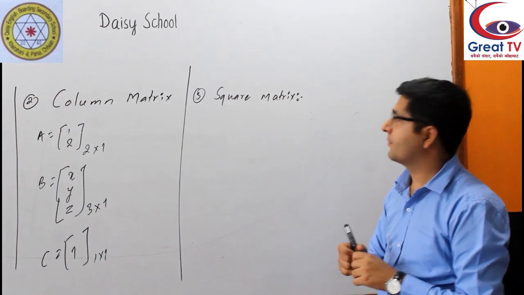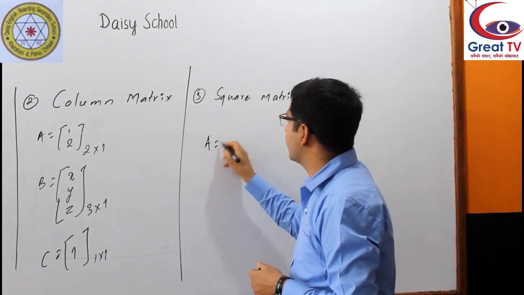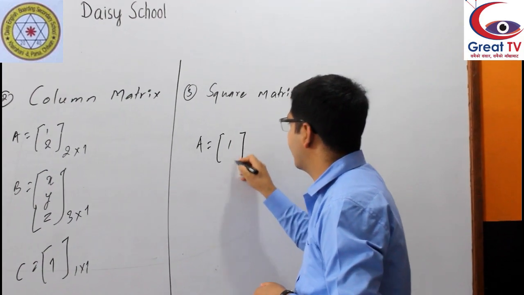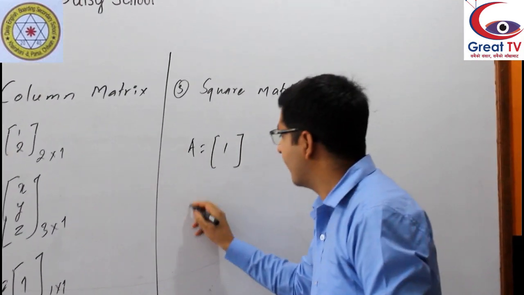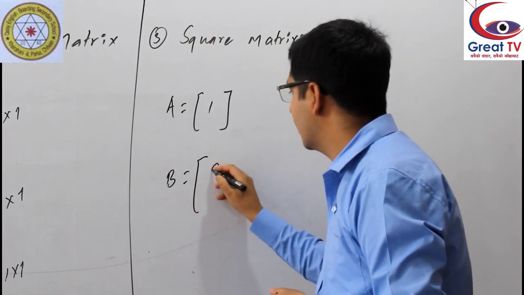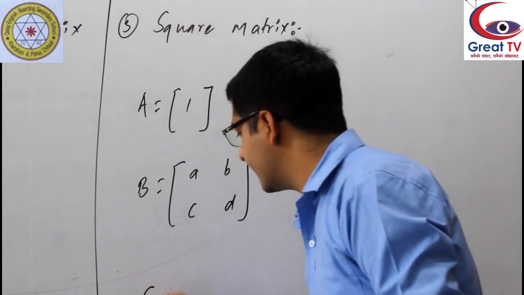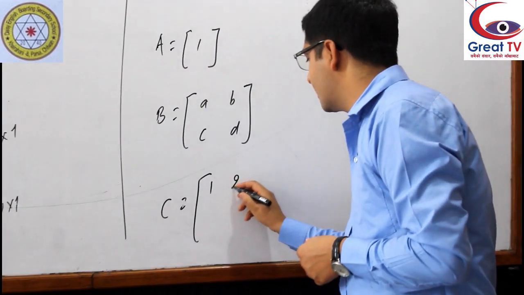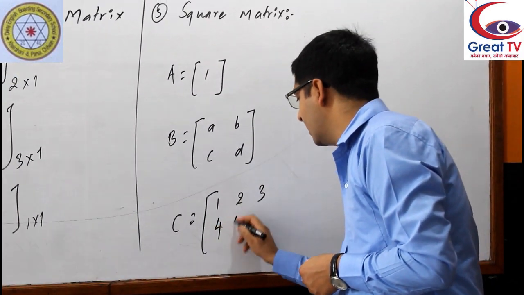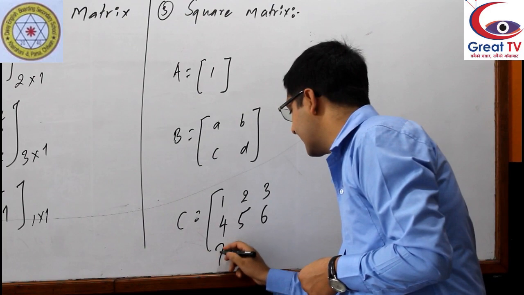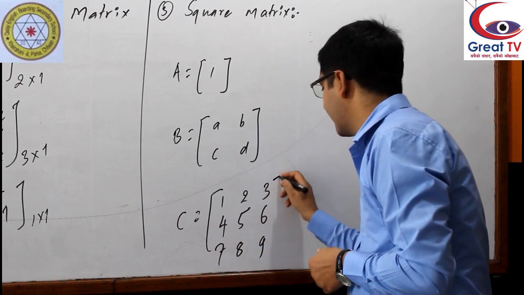But in square matrix, see here: A equals 1. Then B equals A, B, C, D. And C equals 1, 2, 3, 4, 5, 6 and 7, 8, 9.